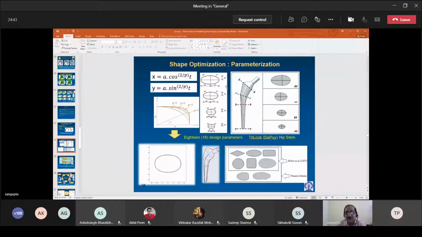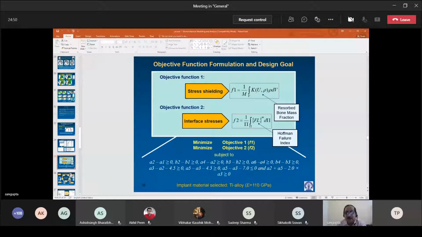So there are dimensional constraints. These cannot be 0. So the dimensional constraints are mentioned here. Some minimum value it needs to have for the dimensions. Subject to, these are the conditions.